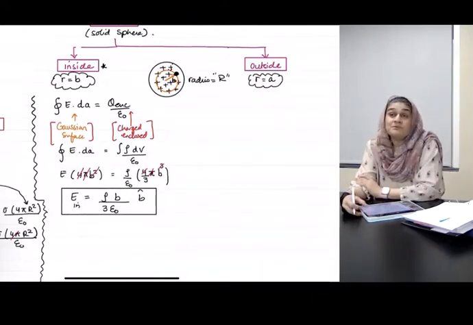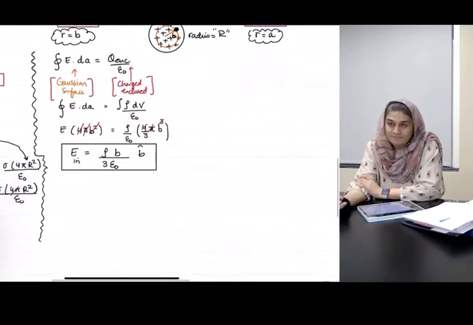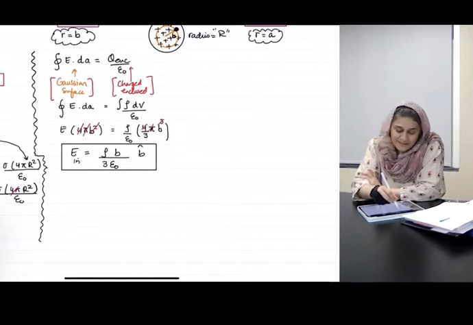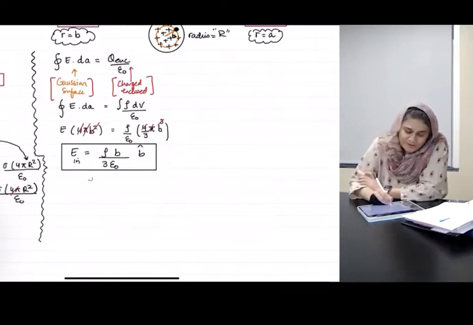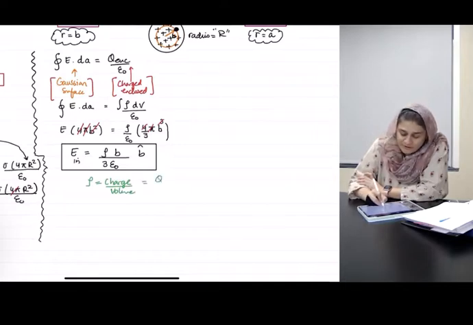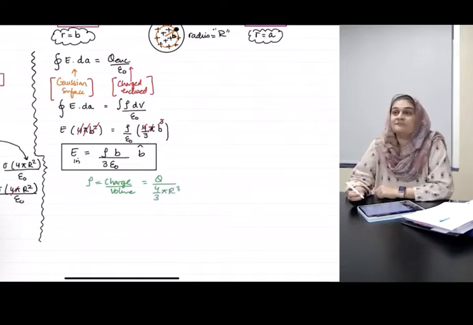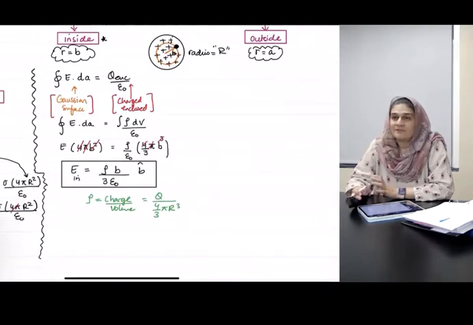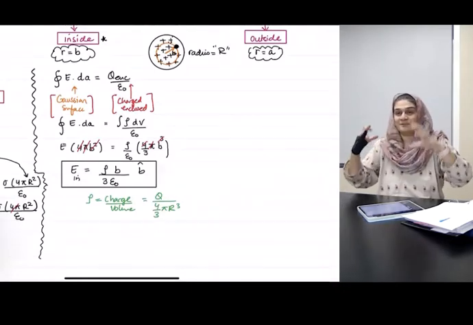Now, if you do want to use R in your equation, you can. And how do you go about doing that? I'll show you. What is rho? Rho is charge per unit volume. If you want to use Q, you have to do 4/3 pi r cubed, where r was your total radius, right? So the total charge divided by the total volume.